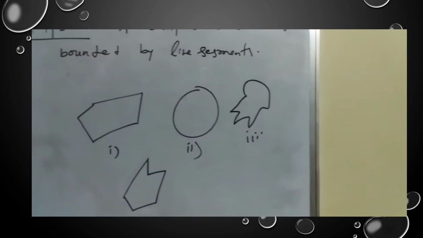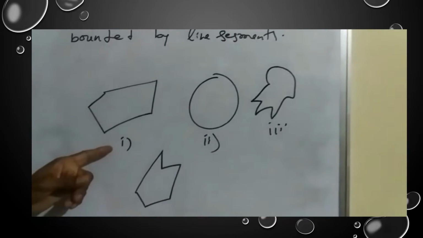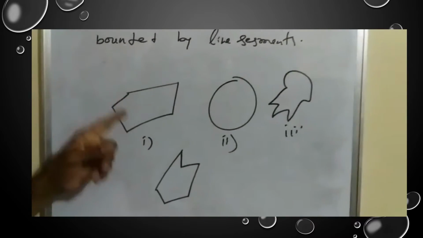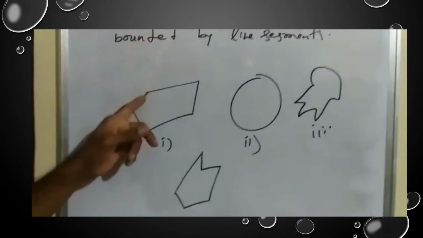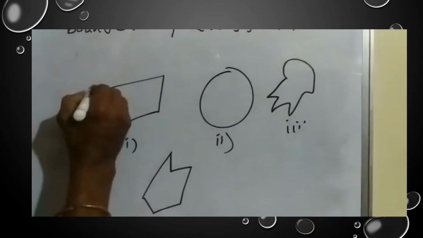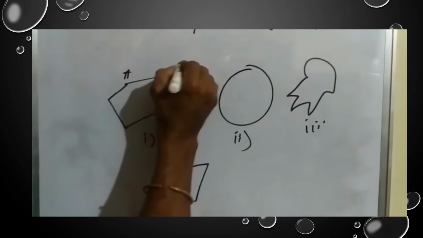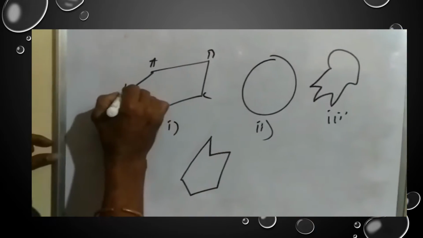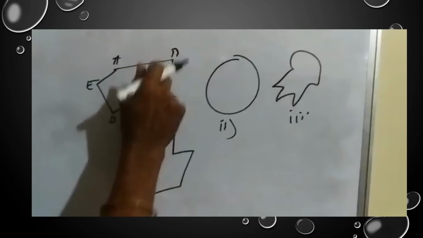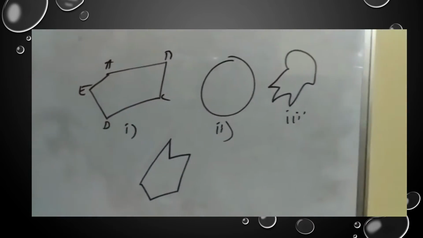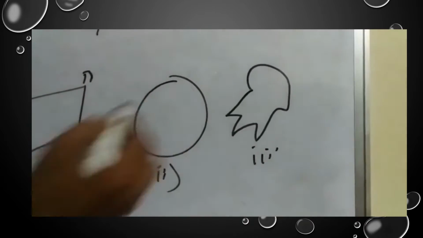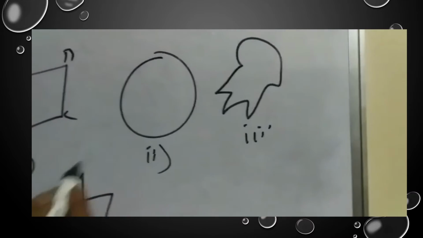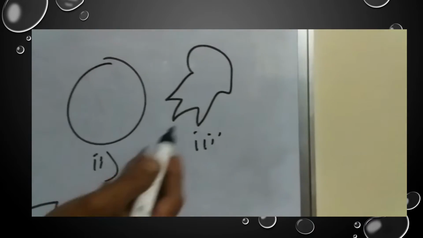Bounded by line segments. What about the first one? Is it a polygon? Yes, it is a polygon. Why? It is bounded by line segments. Suppose the points are A, B, C, D, E. AE, AB, BC, CD are line segments. What about the second one? It is a simple closed figure, but it is not a polygon, because it has no line segments.